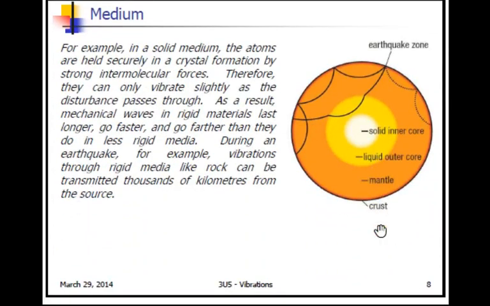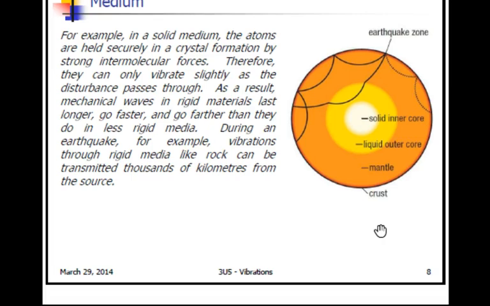With the Earth, we have earthquake waves, and these waves travel through the rocks in the Earth. The physical rocks and things that make up the Earth are the medium through which earthquake waves can transmit energy that's caused by vibrations in the core of the Earth.